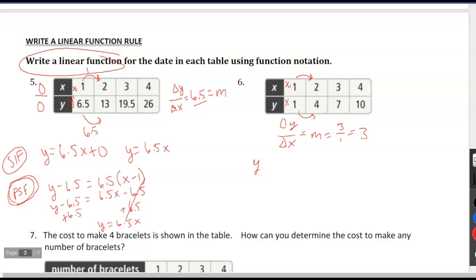We don't make the numbers very difficult. So y minus 1 equals my slope, which we said was 3, times x minus 1. So that's our point-slope form. Do a quick distributive property. y minus 1 equals 3x minus 3. Add 1 to both sides. And y equals 3x minus 2.